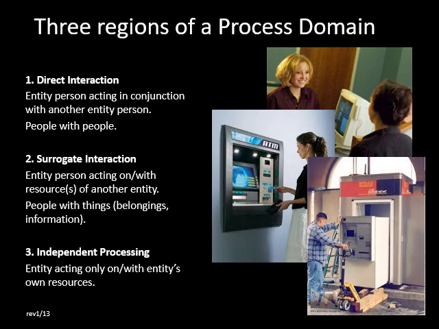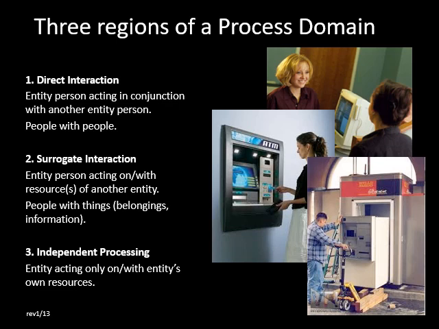Then there is a type of interaction which is surrogate interaction. This is where a person is acting with the resources of another entity, not with their body and their mind, but with their belongings and information. And you can see why this is quite critical.